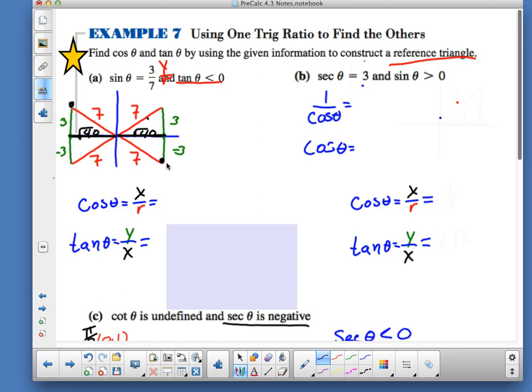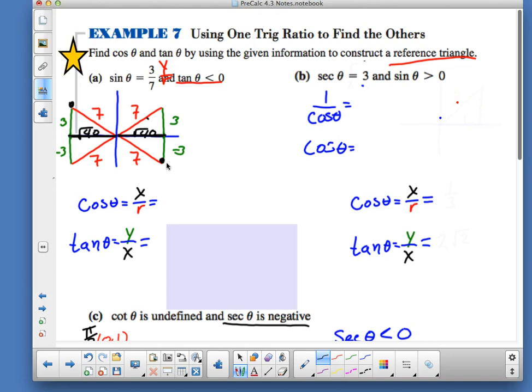I've got one last thing to narrow down which reference triangle we should be using. What was my sine value? Positive or negative? So where is sine positive? You okay? It's above the x-axis.